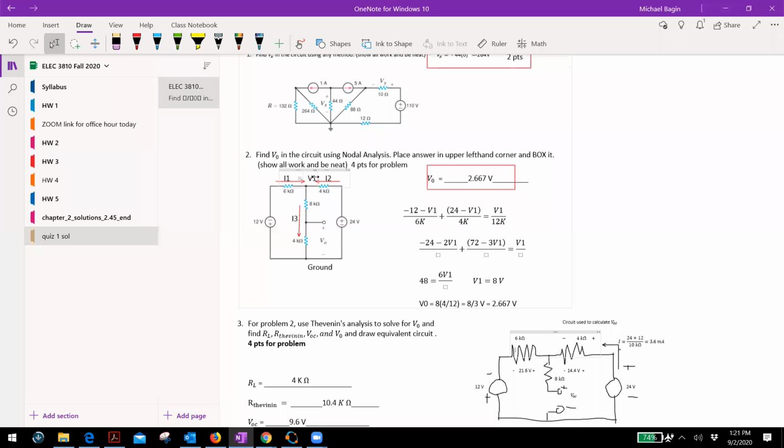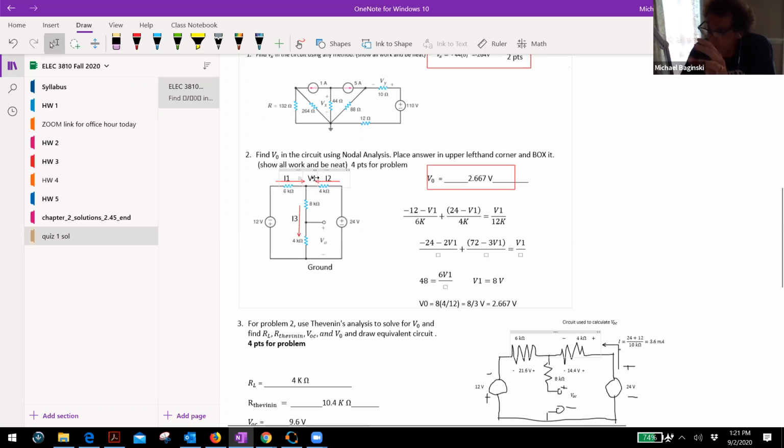All right, so the parallel combination of those could be gotten from multiplying those together and then dividing by the sum. So you could take 6 times 4 or 24 divided by 6 plus 4, 10, or 2.4K. That's one way to do it. Or you could take just 1 over 4K plus 1 over 6K and do it that way.